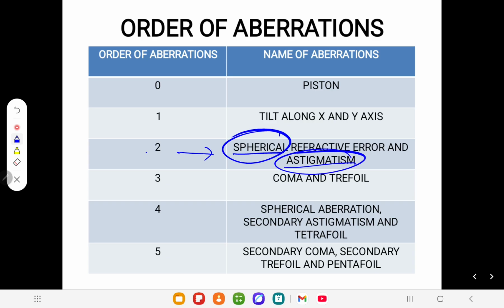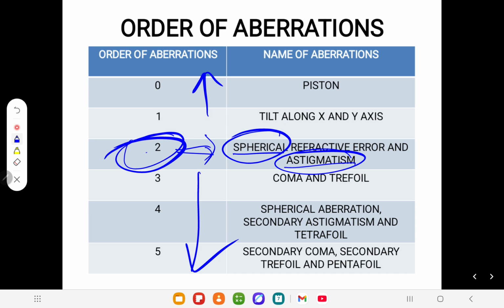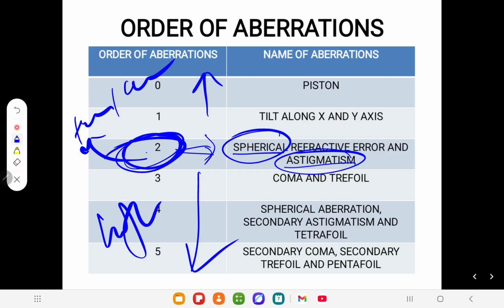Till now, a spectacle corrects only second order aberration, not these others. From third order to infinity, it is always high order. This is low order, and true low order is the second order aberration, and what matters in the clinic is second order aberration.